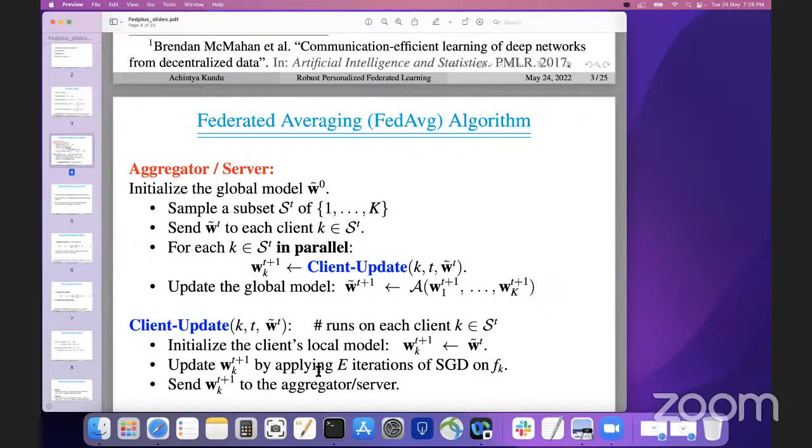If you see this algorithm here, it is mentioned that each of these clients is doing E iterations on the F_k, right? So everybody has to do a fixed number of iterations. This was in the first algorithm, but that has been relaxed in our approach and many other approaches. So you can do a variable amount of computation at different clients.